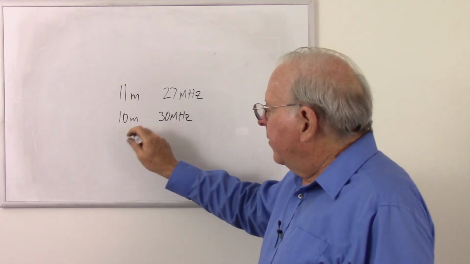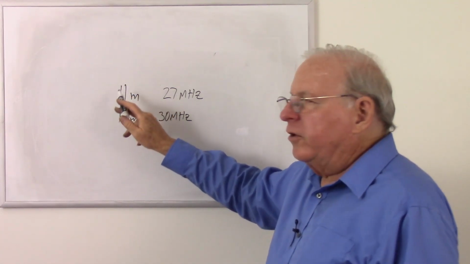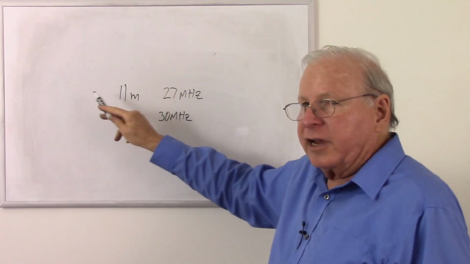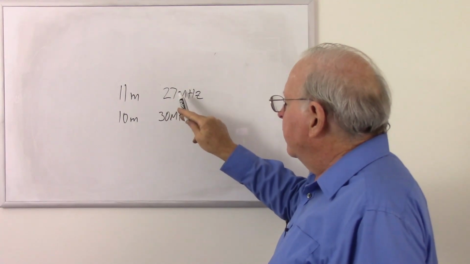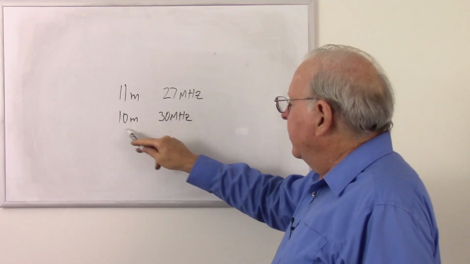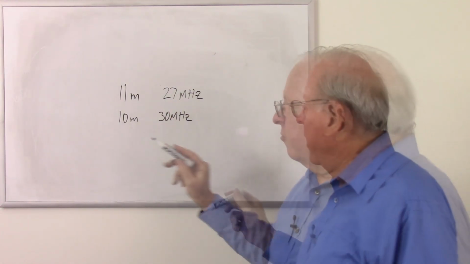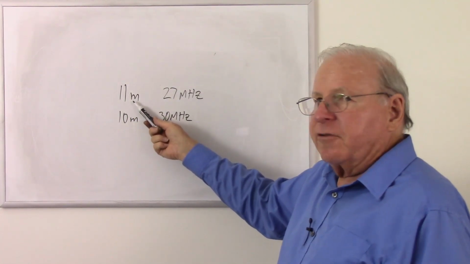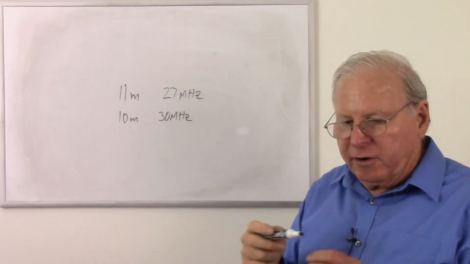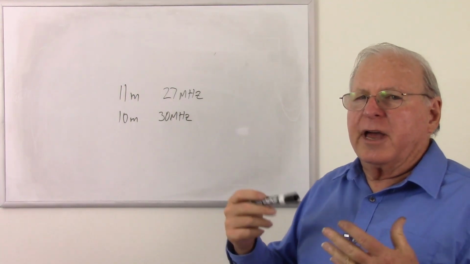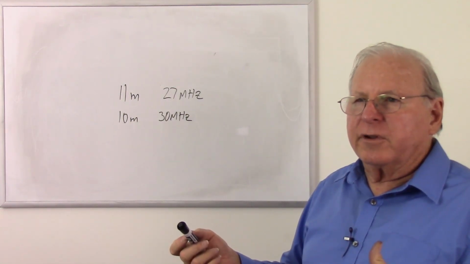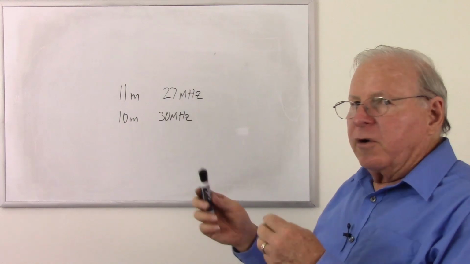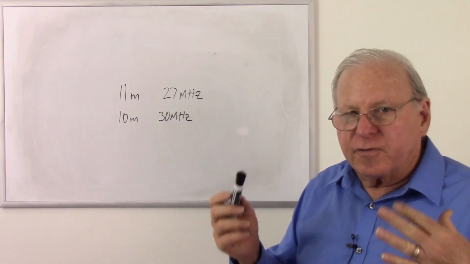So this is a ham radio or amateur radio area. This was, or still is, the citizens band, at least in the United States, operating in the 27 megahertz area, and the 10 meter around the 30 megahertz area. So we may call it the 10 meter band, or 30 megahertz, or we may call it the 11 meter band, or 27 megahertz. As we go lower in frequencies, we have very low frequencies, ultra low frequencies, and such. But as we go higher, we also have different names for these bands.